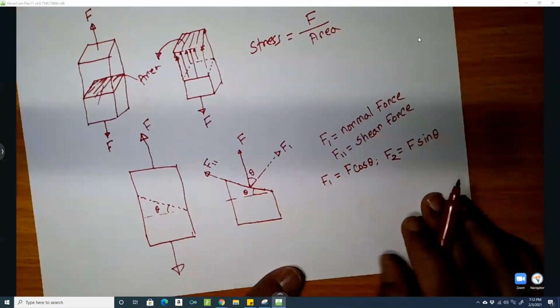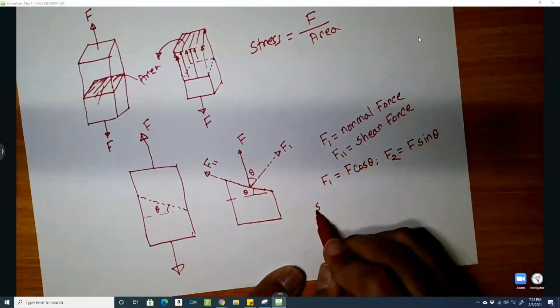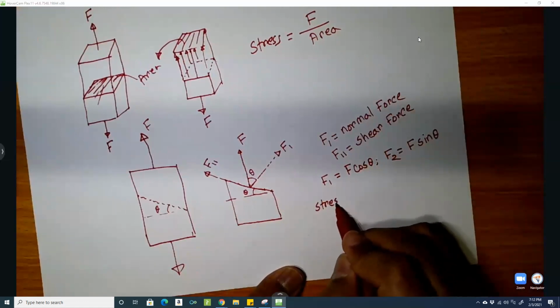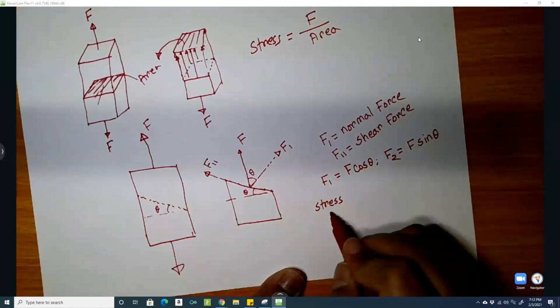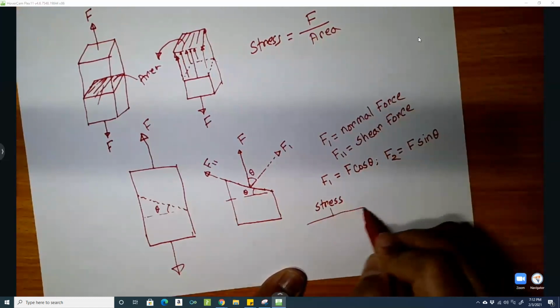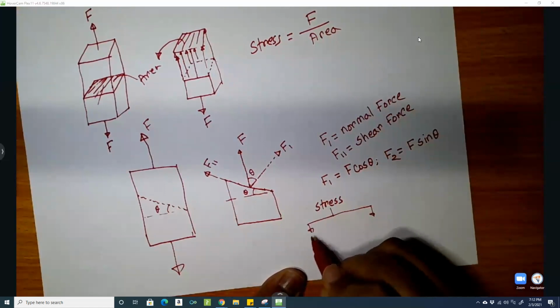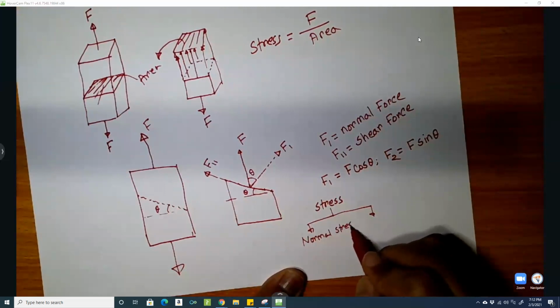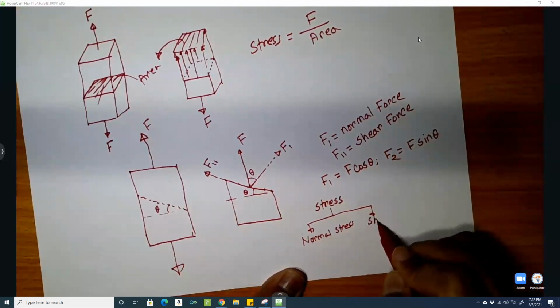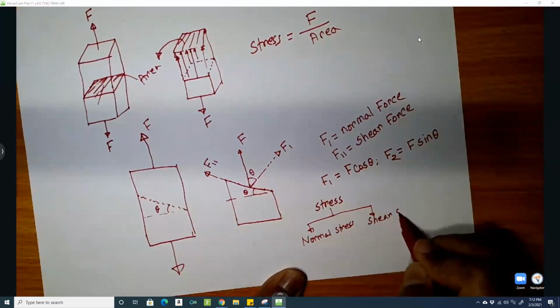So the stress can be divided into two types: number one, normal stress, and number two, shear stress.